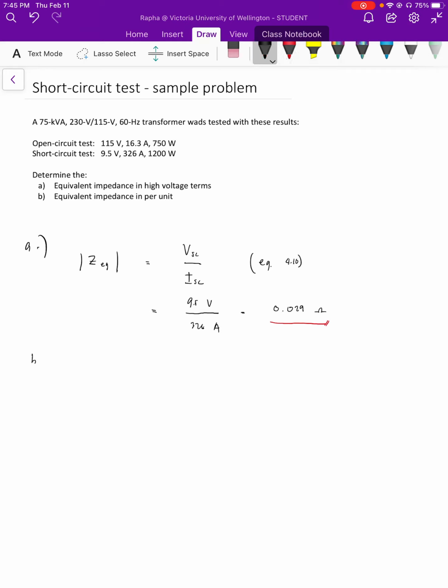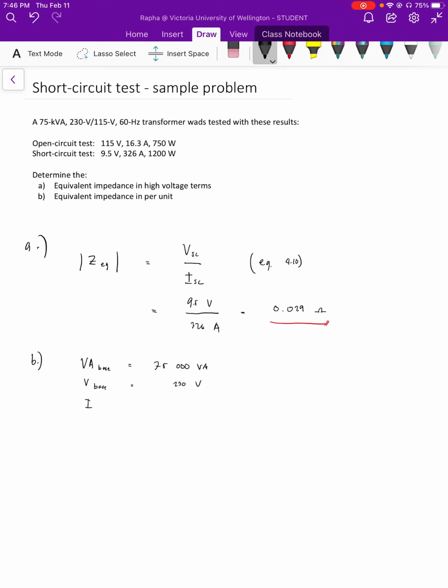Then letter B, ang per unit niya nga kanang values, magsugod ta by subayon nato ang base quantity sa impedance. So we have the base value for volt ampere is given by 75,000 VA. Then we have the base voltage equal to, in high voltage terms, 230 volts.